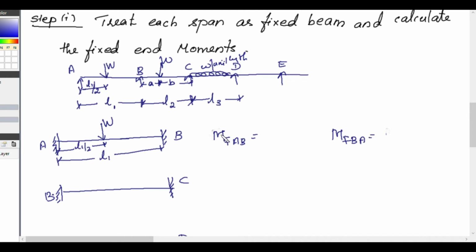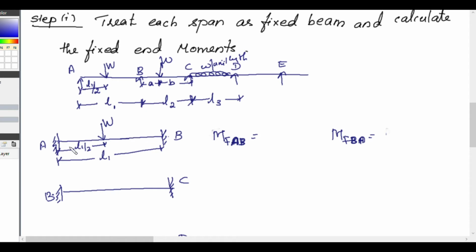That means fixed moment at A, the near end is A and the far end is B. The second one, the fixed moment, the near end is B and the far end is A. See, you have a span AB. Both ends are assumed to be fixed. So you have fixed moment at A as well as fixed moment at B.